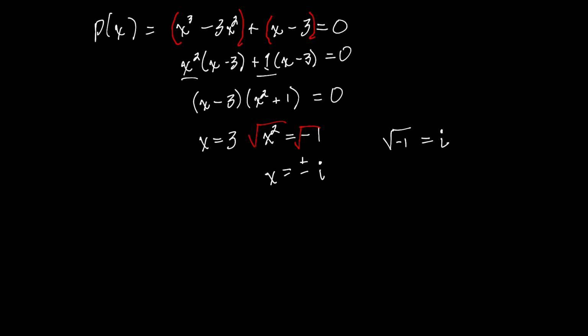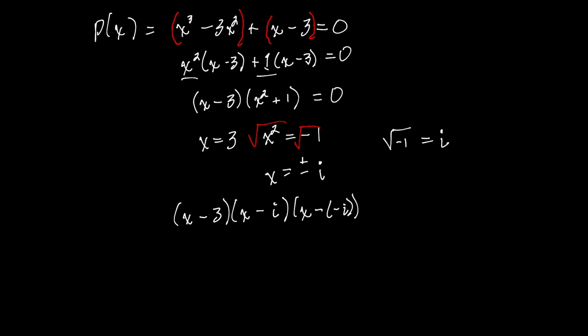So 1, 2, 3. Now the other thing that we can do is write this as a product of linear factors. This is the other part of the factor theorem, that when you combine it with the fundamental theorem of algebra, means we can do this. So these are all linear factors.